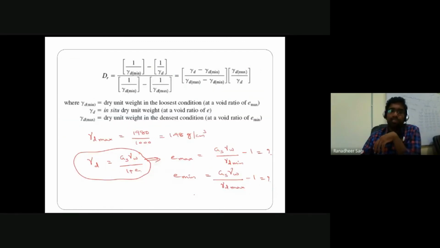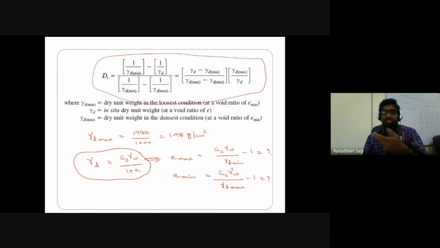The other approach is, you already know another expression for finding out the density index or relative density in terms of the density values of that particular soil itself. Here gamma D is the in situ dry density of the soil. Gamma D minimum we have already calculated.